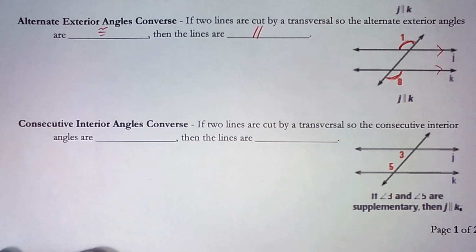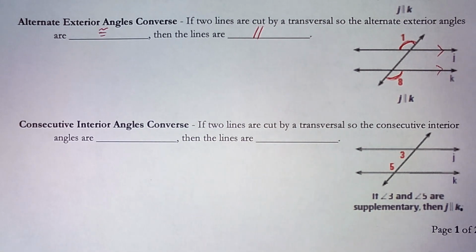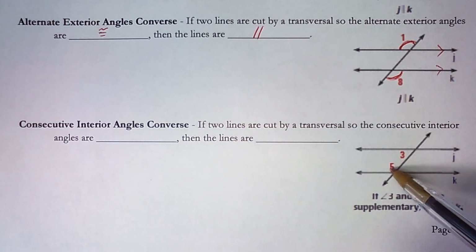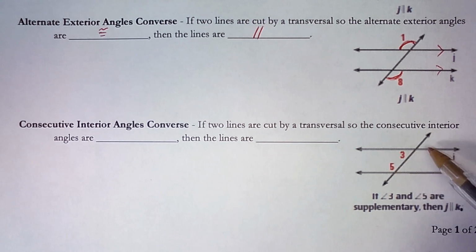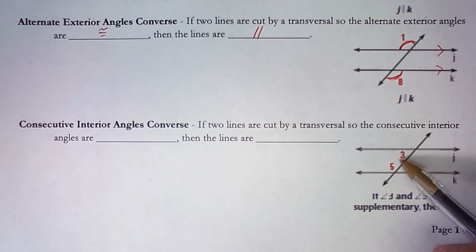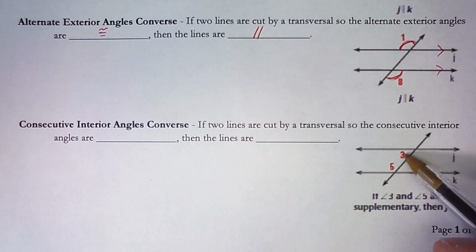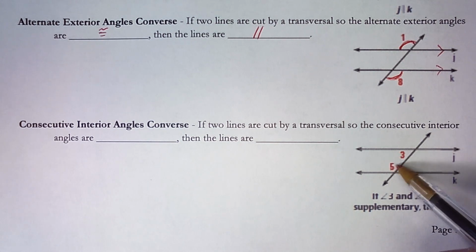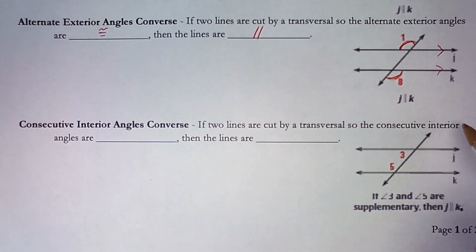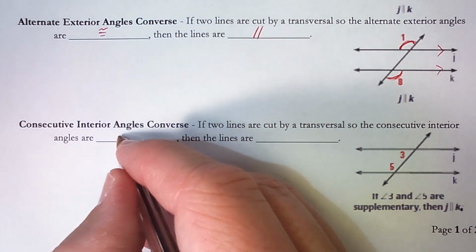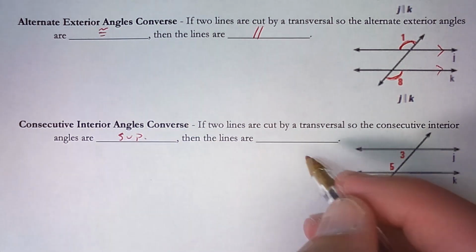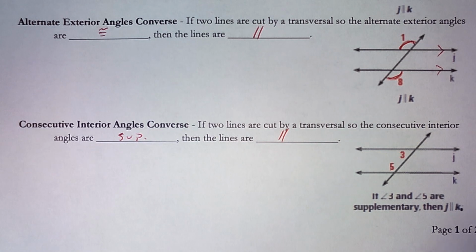And then the consecutive interior angles converse. The consecutive interior angles theorem told us that if the lines are parallel, then these angles, consecutive interior angles, are supplementary. The converse starts with, if the consecutive interior angles are supplementary, then the lines are parallel.